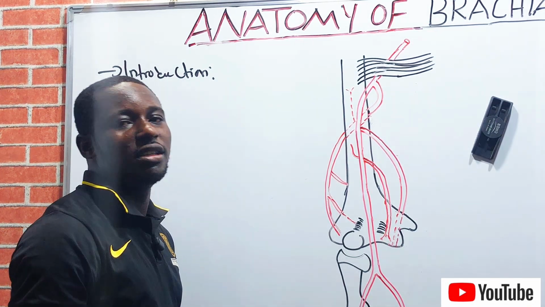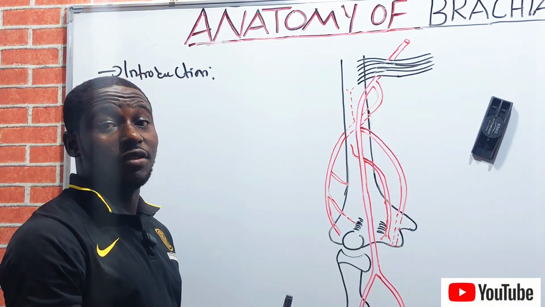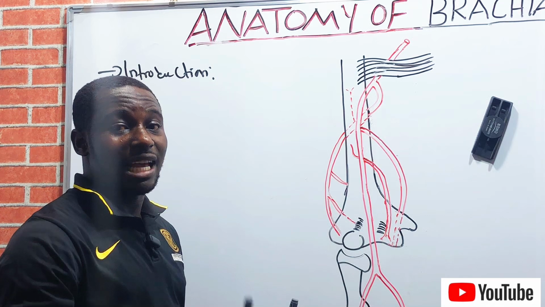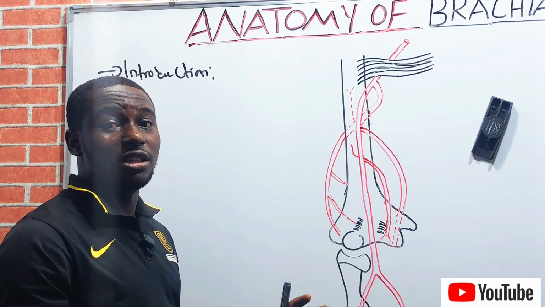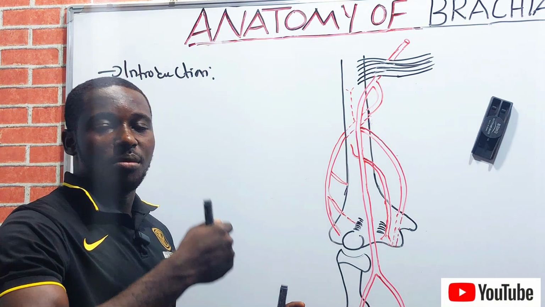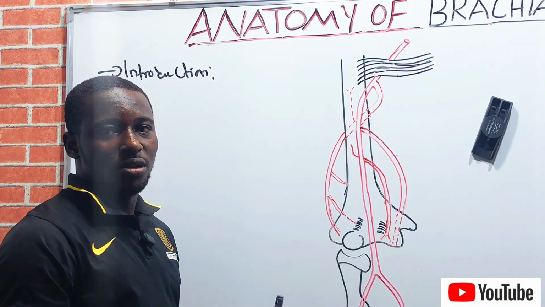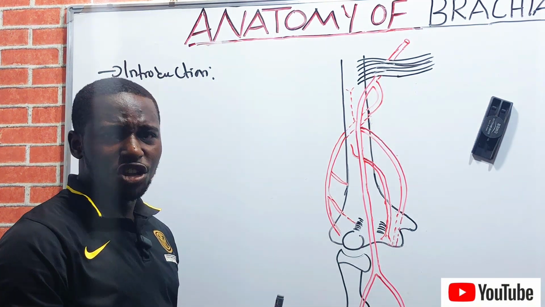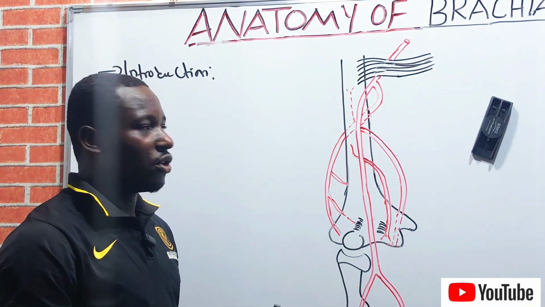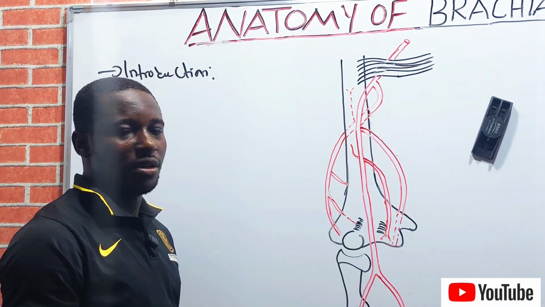It terminates at the level of the neck of the radius. The neck of the radius is the landmark because it indicates the termination of the brachial artery, which gives origin to the ulnar and the radial arteries. Okay, so that is the concept.